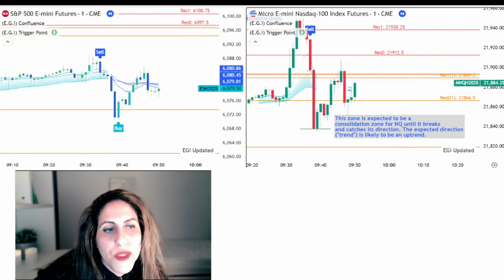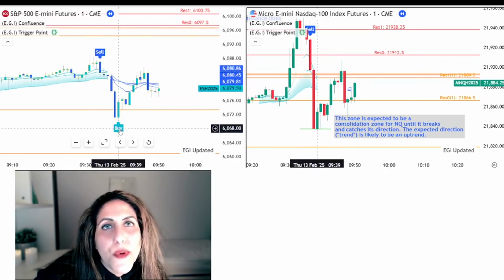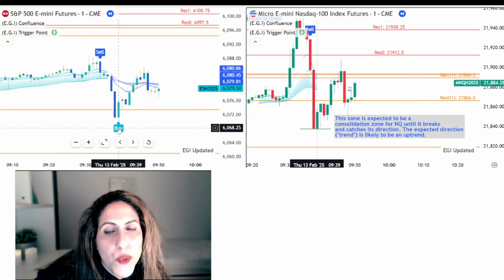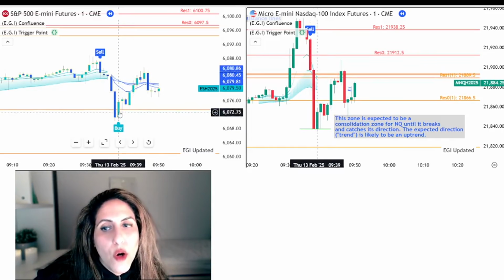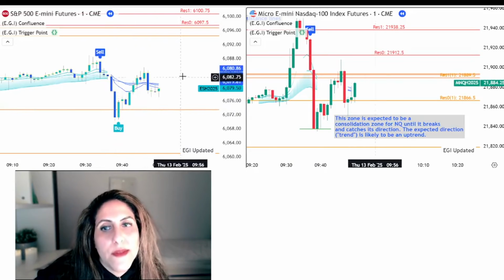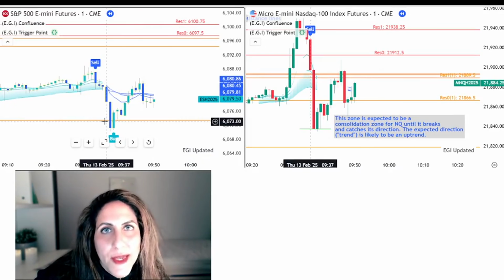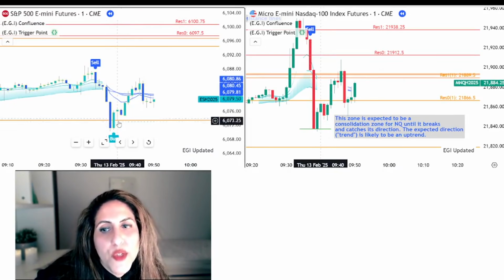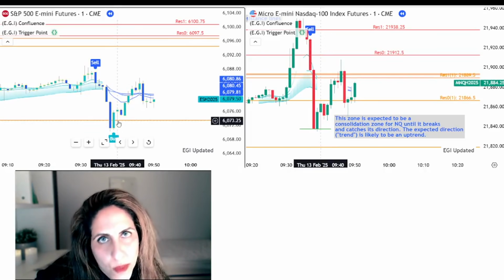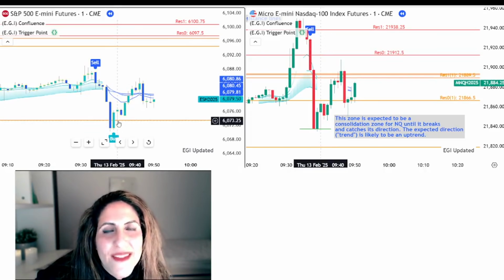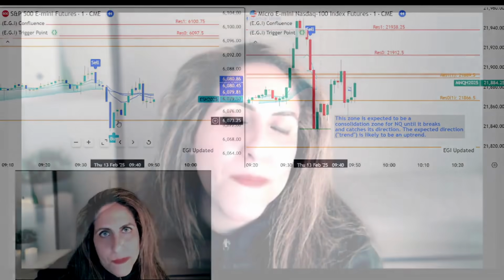The expected direction is likely to be an uptrend because we identified the price action when the market opened, the buyers were pushing up off a support level, and this often indicates the trend, the market sentiment today. So the behavior of the market relative to the trigger points when the market opens often indicates the market sentiment.